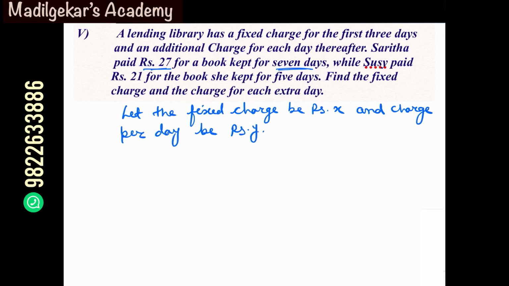As there is a fixed charge for the 3 days, so we'll take this as X. Out of 7 days, 3 days are fixed. So the remaining 4 days will be charged. So it will be 4Y. She paid rupees 27 for that. So X plus 4Y equals 27.